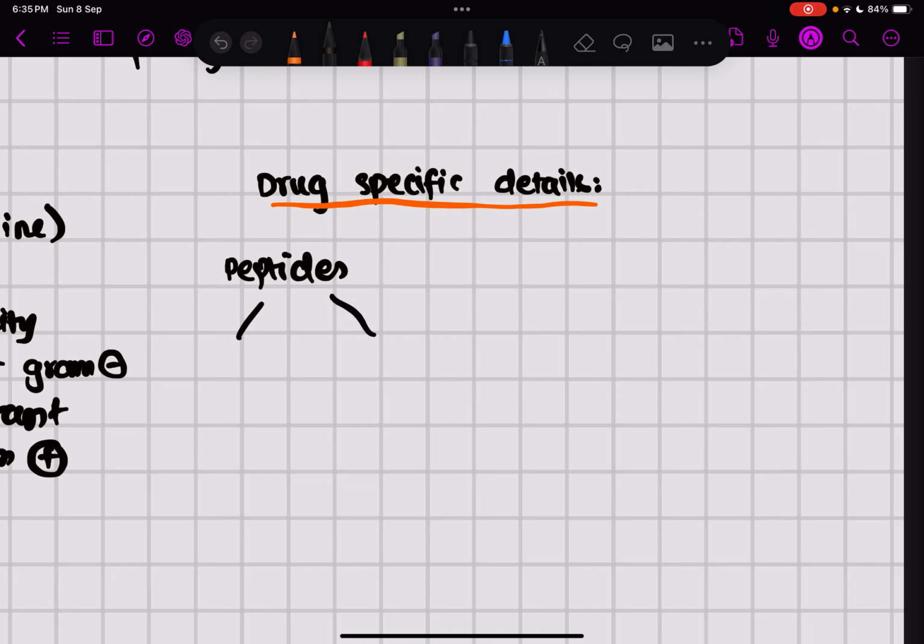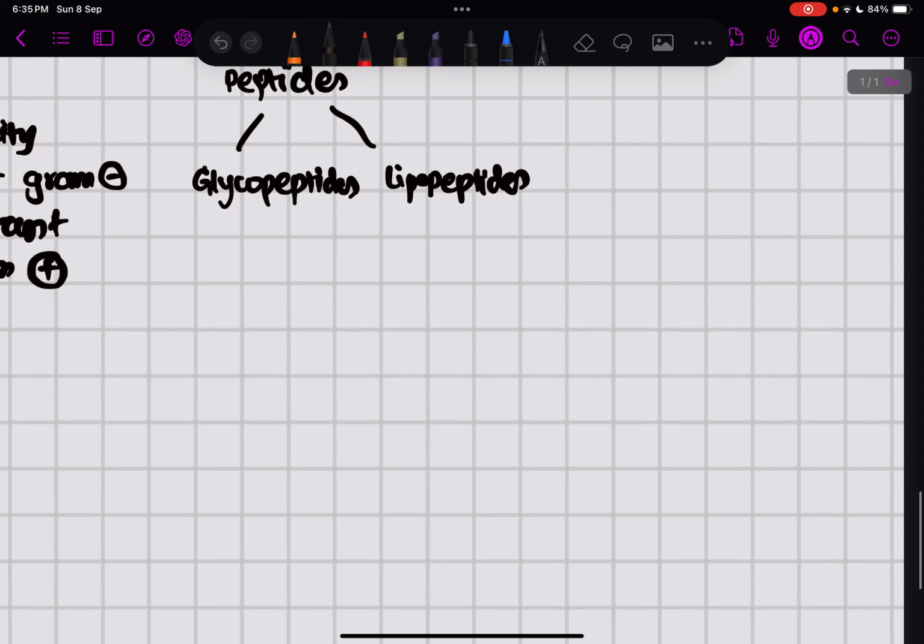Glycopeptides and lipopeptides, only two. They are vancomycin and daptomycin. These only we have seen.